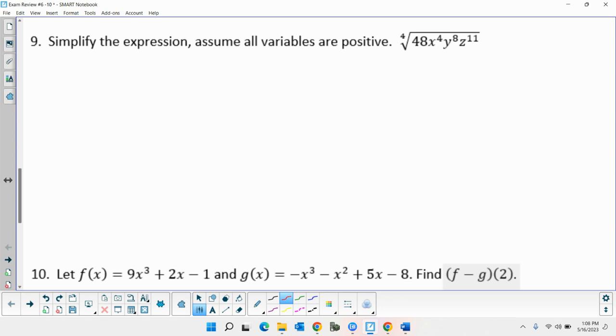Mr. Manning, what do we do with the extra? If there's stuff left over, where's it go? Underneath the radical sign, right?